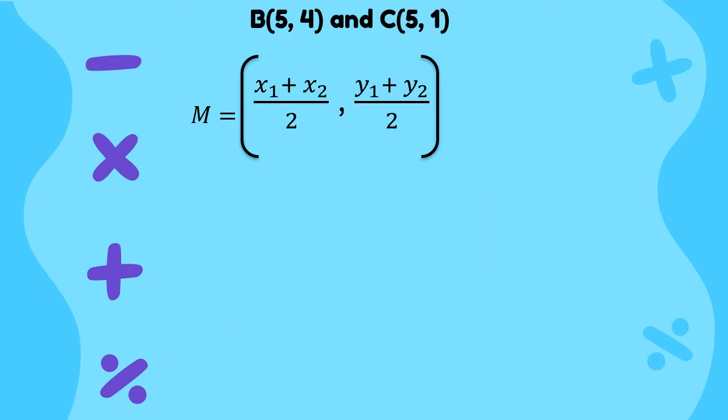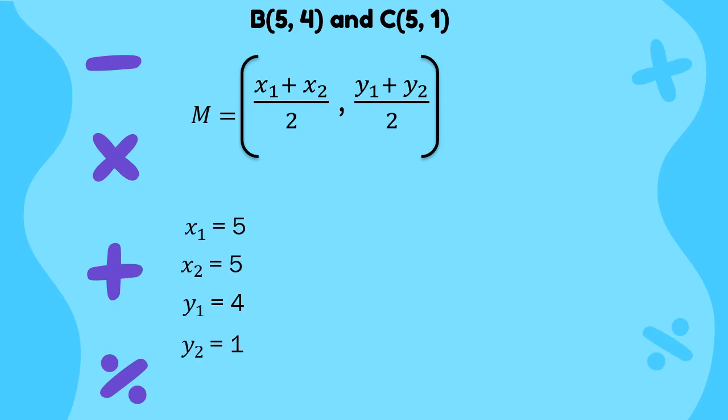So let's have another example, wherein we have B and C, and we're going to find the midpoint of B and C, wherein B is equal to 5, 4, or the value of x is 5, the value of y is 4, and C we have 5, 1, wherein the value of x is 5 and the value of y is 1. Then we have the formula of midpoint.